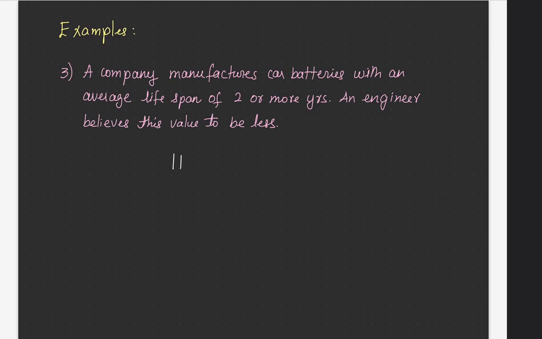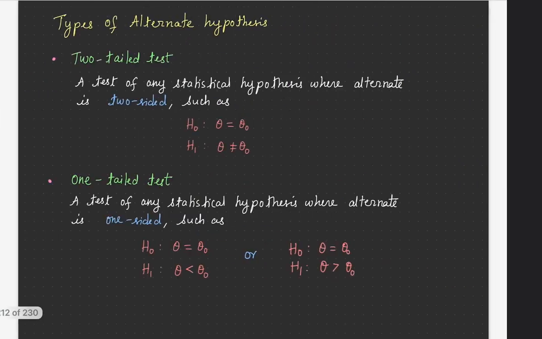Therefore, in this case, the null hypothesis is that the average lifespan is greater than or equal to 2, and the alternate hypothesis is that it is less than 2. You can see the null hypothesis has the equality sign and the alternate has only the inequality sign.